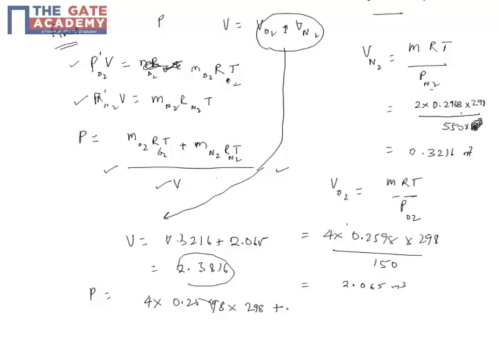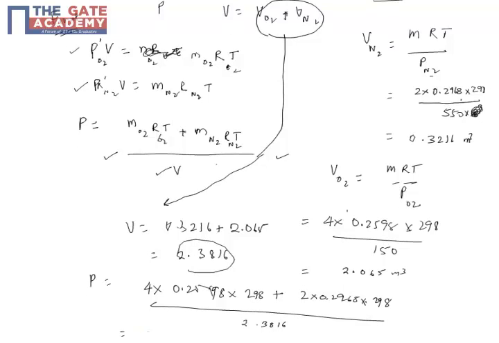Plus the same thing here, 2 times 0.2968 times 298, all divided by the total volume, which is 2.3816. Doing this we get a value of 204 kPa. So this is the pressure.